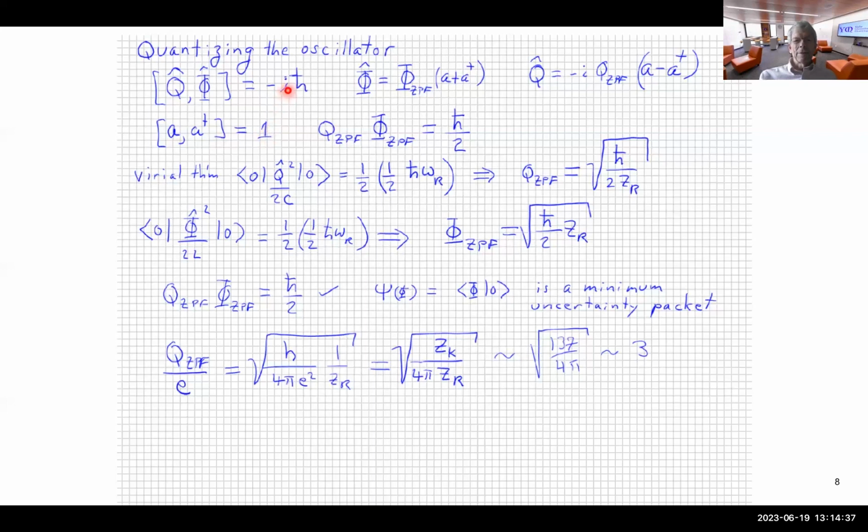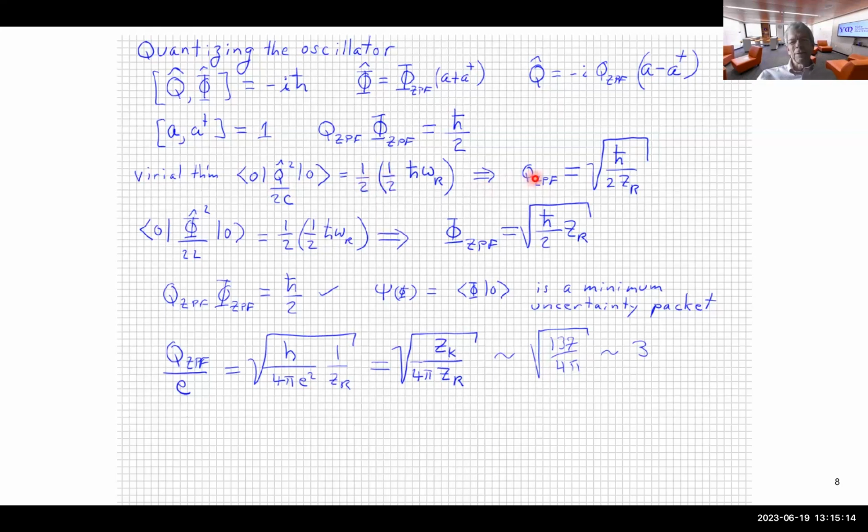And in order for this canonical commutation relation to be true, we need that the product of these two uncertainties, the momentum and the position, is h bar over 2. That is, it's a minimum uncertainty wave packet. And using the fact that in the ground state, 1/2 of the zero-point energy of the oscillator is in the kinetic energy, then here's the zero-point energy multiplied by 1/2.